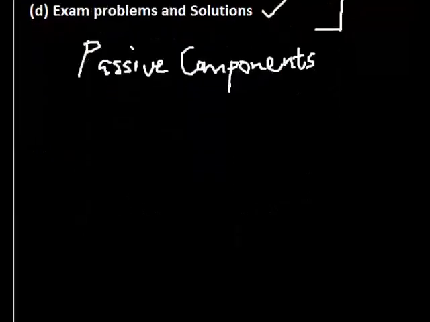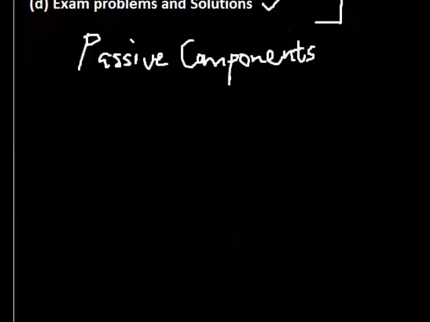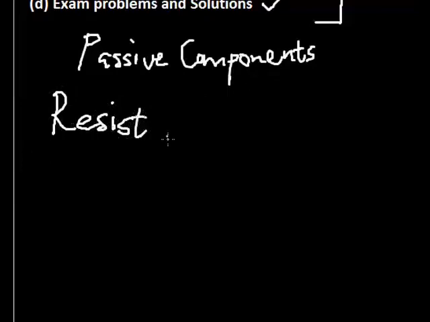A DC circuit is mostly made up of passive components, but the component we are going to be looking at here is a component known as a resistor. Now a passive component is not just a resistor.